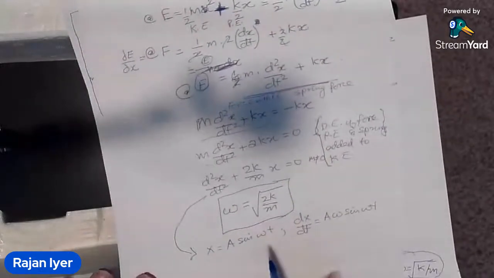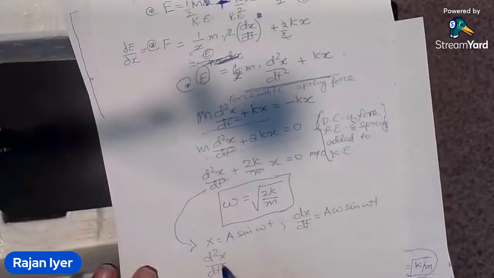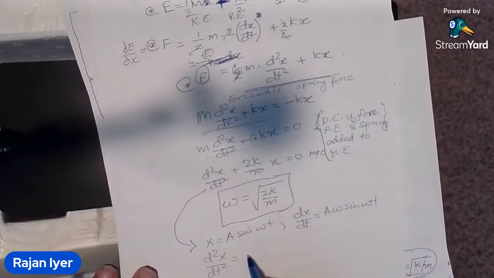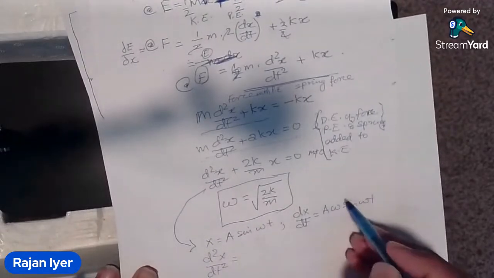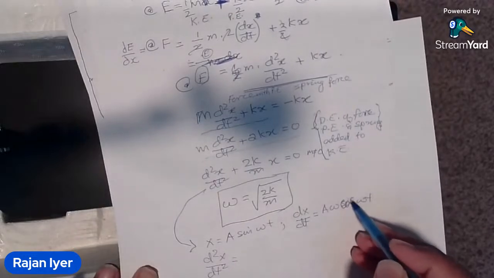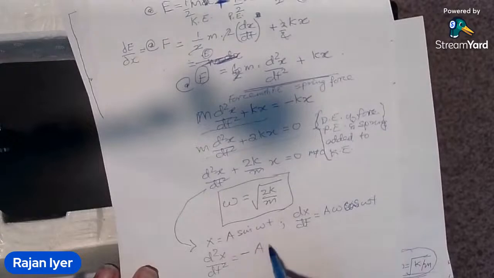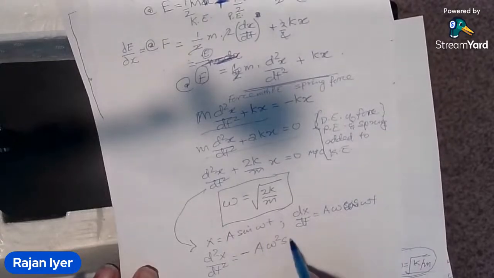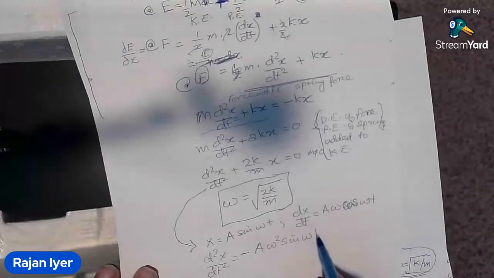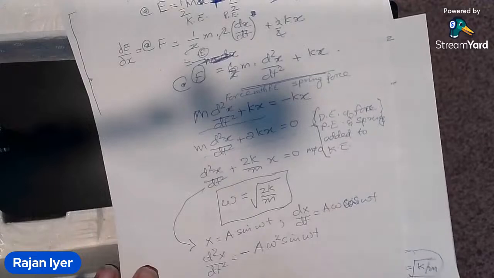And then I have d squared x by dt squared, which becomes minus a omega squared cos omega t. Okay, so that's d squared.